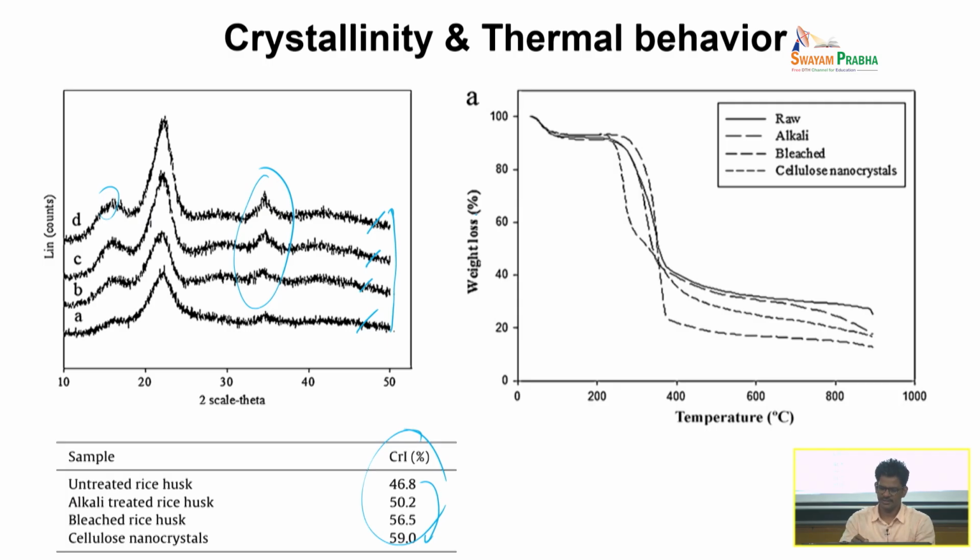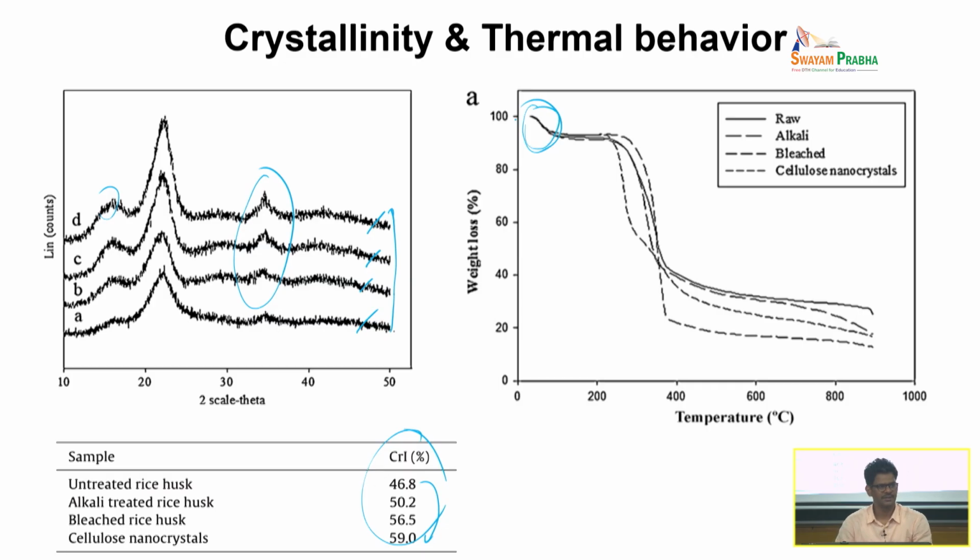This one tells you about the thermogravimetric analysis. It tells you how thermally stable this material is and what are the components that are there. You see there is a small dip here. What does it signify? In all the samples, raw, alkali, bleached, all of them have a small dip in the beginning. What could that be? Usually this is moisture.